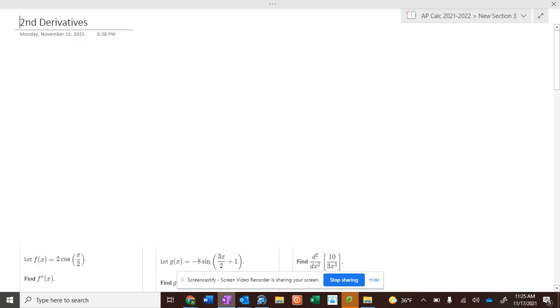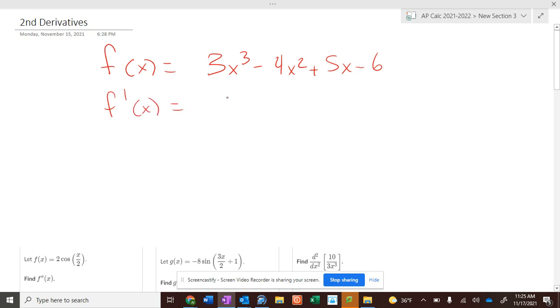Okay, here we go. Second derivatives. Now, if we have f of x equals 3x cubed minus 4x squared plus 5x minus 6, the first derivative of this would be 9x squared minus 8x plus 5.